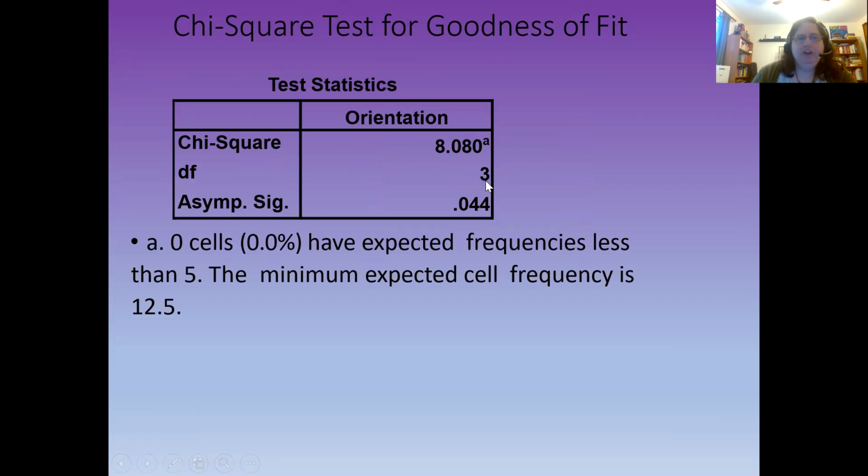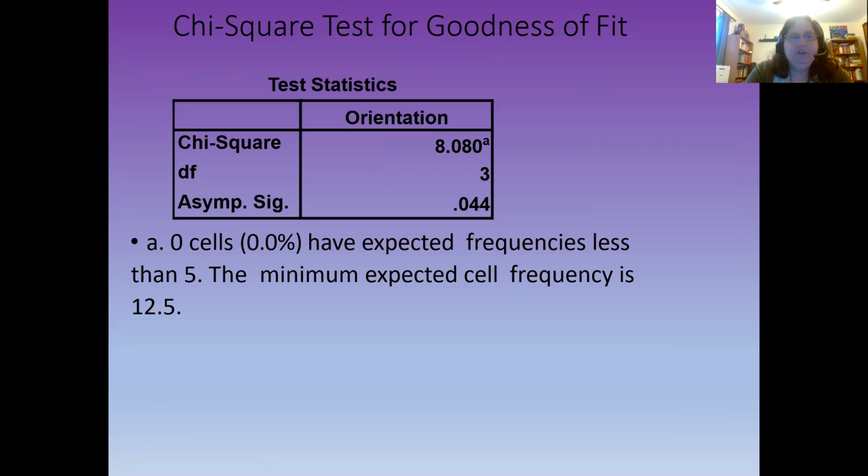We get our degrees of freedom, and we get our p-value. This is what we like: 0.044, less than our alpha of 0.05. I'm just pretending our alpha is 0.05. Less than our alpha of 0.05, so we can reject the null. The distribution of eye color was not even across the categories.